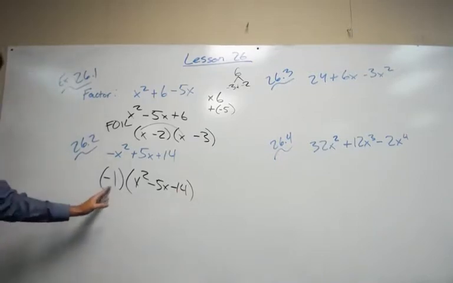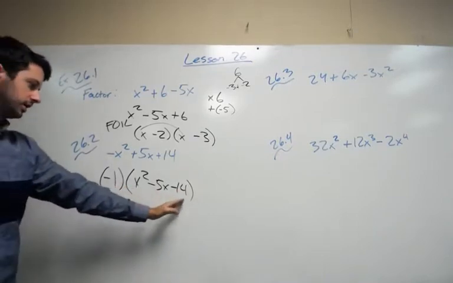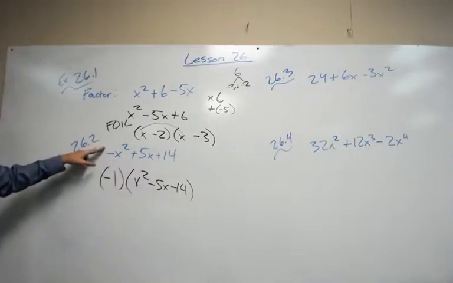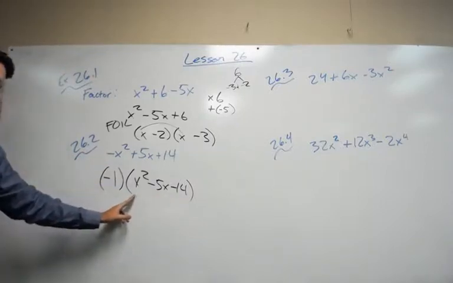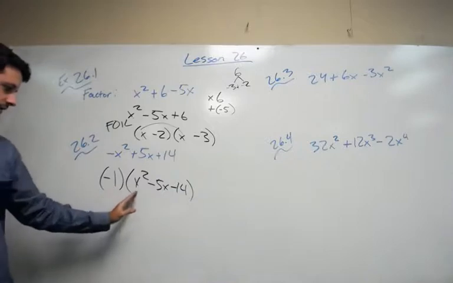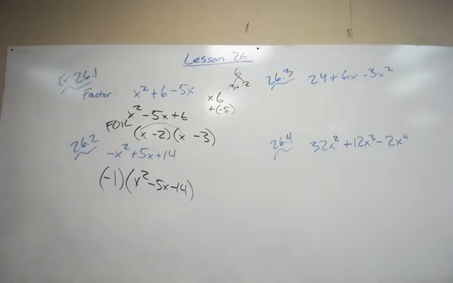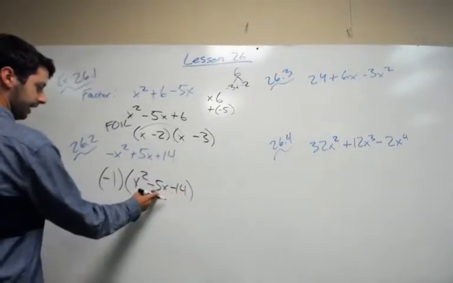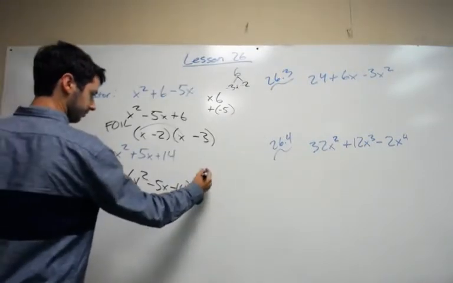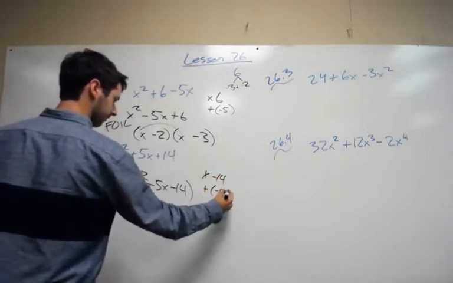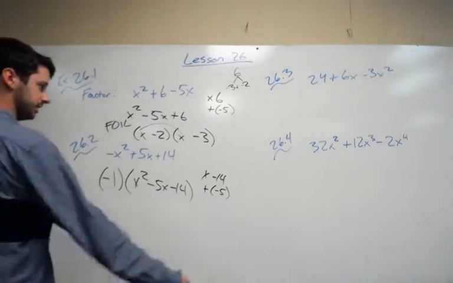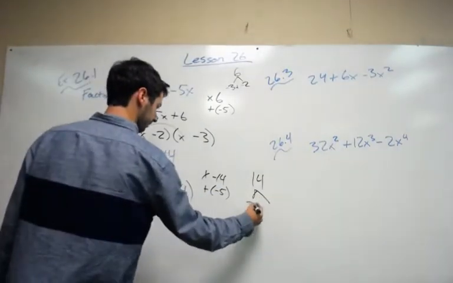Notice if I was to multiply negative 1 by all three of these, it would go back to the original expression here. So from here, now we can try to factor this trinomial, leaving negative 1 here. We say what multiplies to be negative 14 and adds up to be negative 5. Okay, what are factors of 14? 7 and 2.